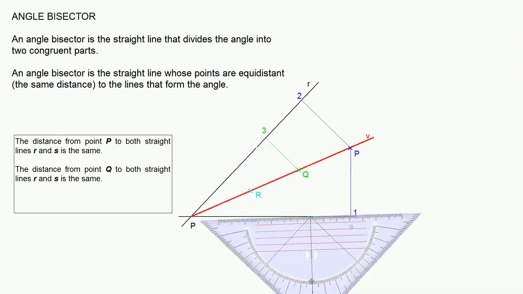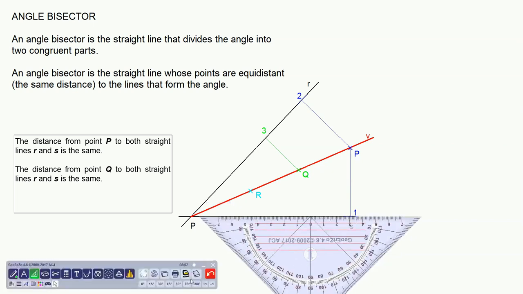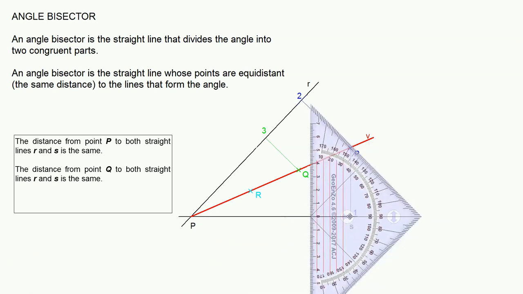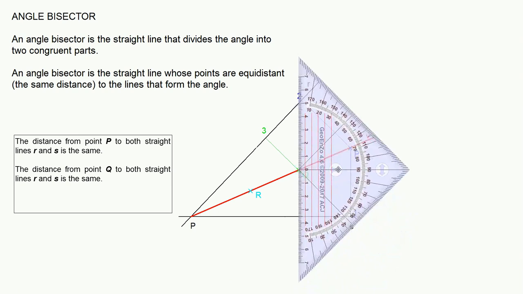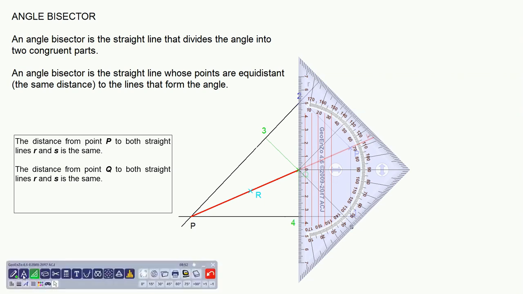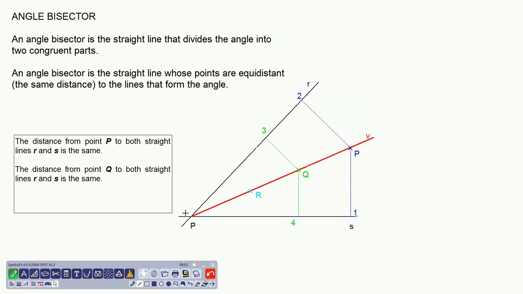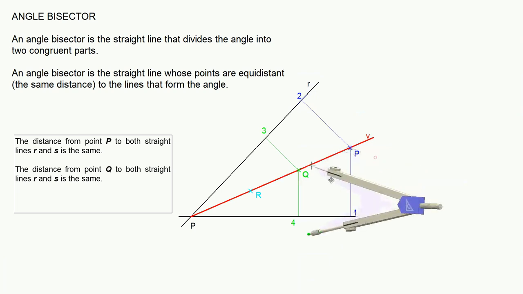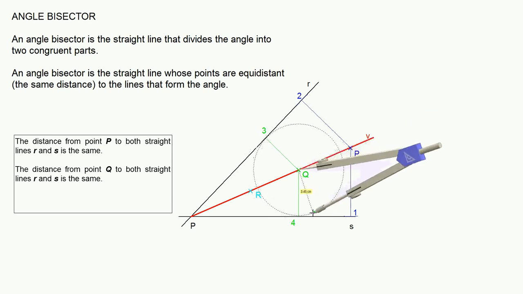We draw a perpendicular line from point Q to straight line S, and the distance from point Q to points 3 and 4 will be exactly the same.